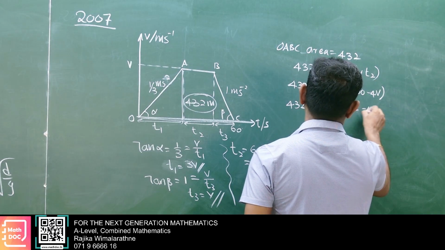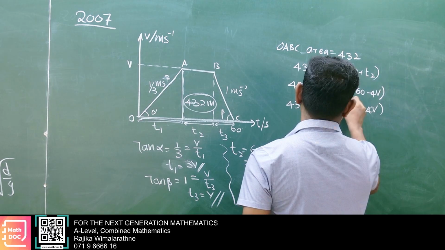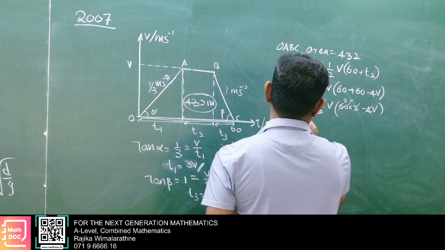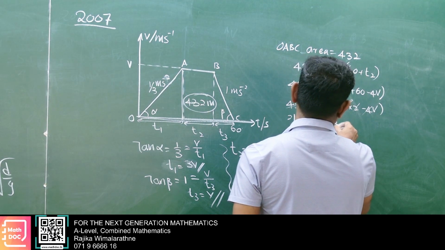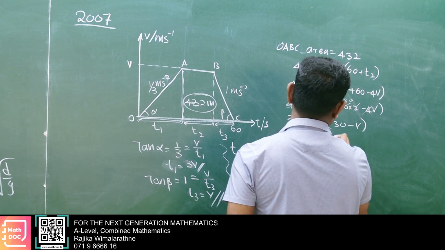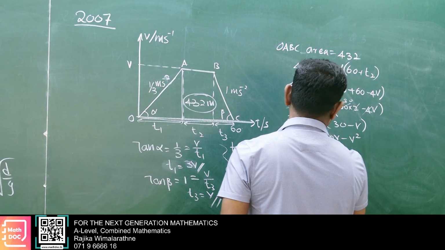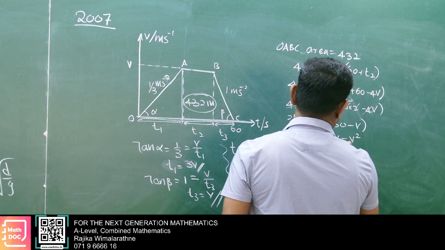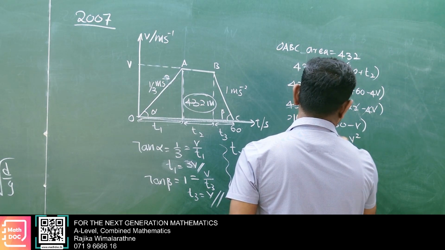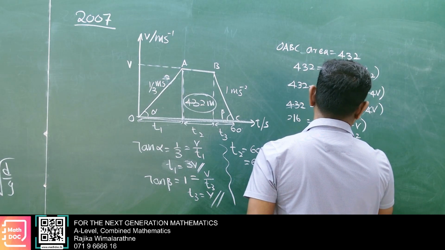Sixty times 2 minus 4v, 216 equals v(30 minus v). Then expand: 30v minus v squared. Then v squared minus 30v plus 216 equals 0.